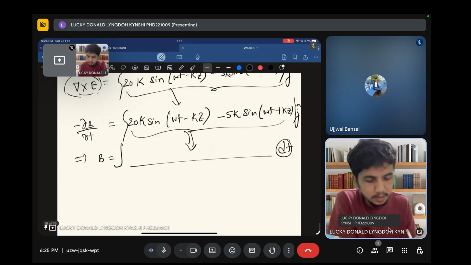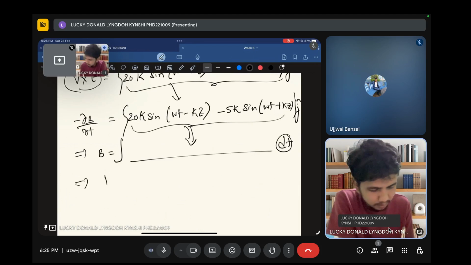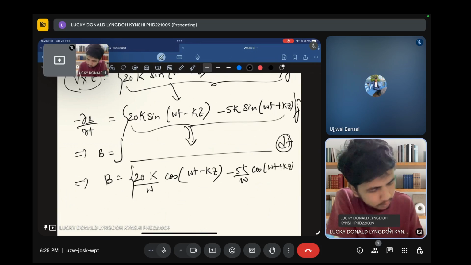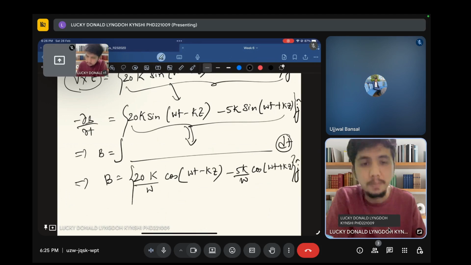I'll just write the final result: B is equal to 20k by omega cos(omega t minus kz) minus 5k by omega cos(omega t plus kz), in the j cap direction.